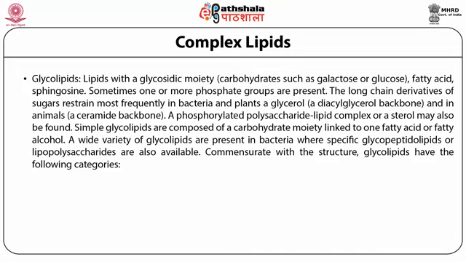Simple glycolipids are composed of a carbohydrate moiety linked to one fatty acid or fatty alcohol. A wide variety of glycolipids are present in prokaryotes, especially in bacteria, where specific glycopeptidolipids or lipopolysaccharides are also available.